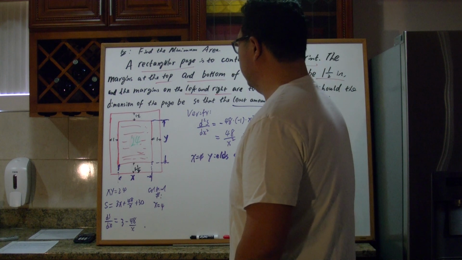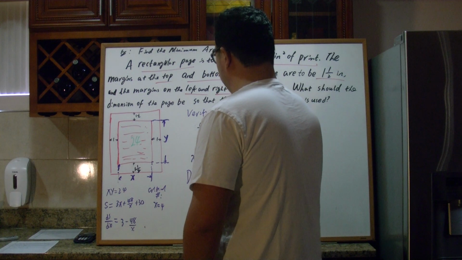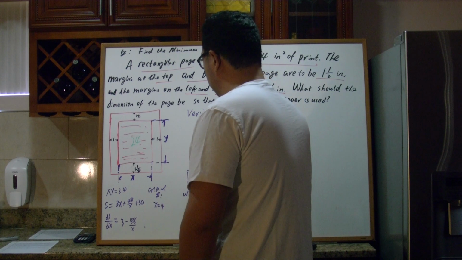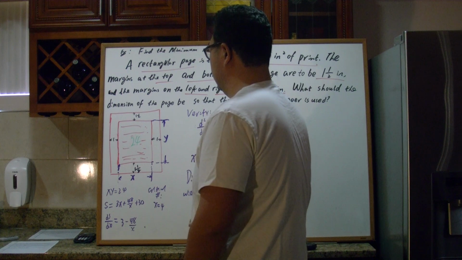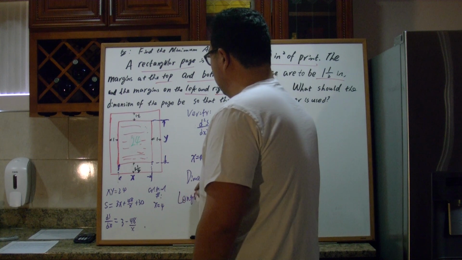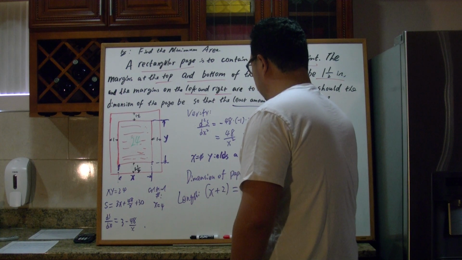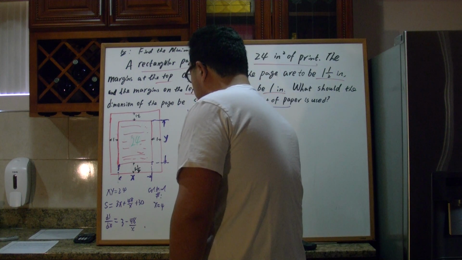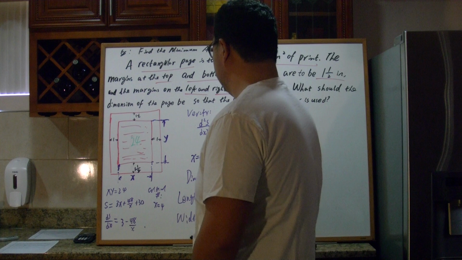Right, so the dimension of paper, that's the width, or the length as we call it in the rectangular, length and width, to be x plus 2, that is 6 inches, and the width to be y plus 3, which is the y we don't know yet, right?